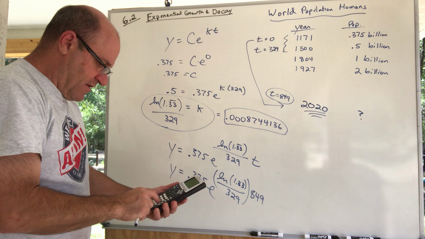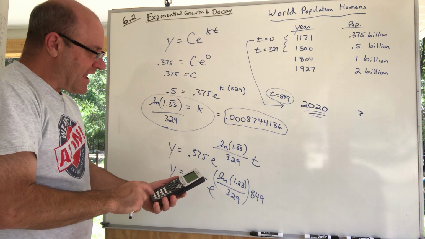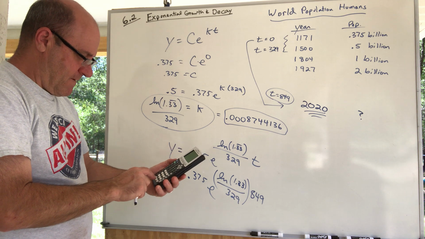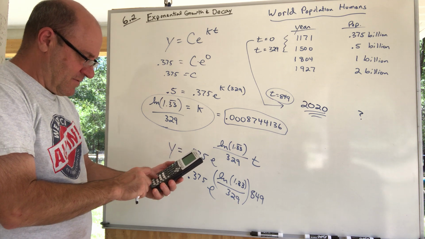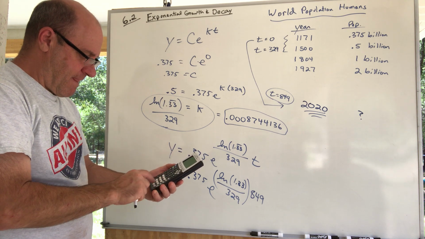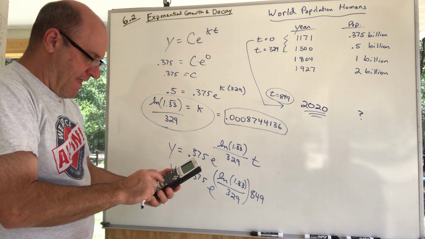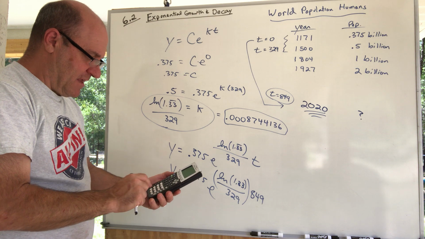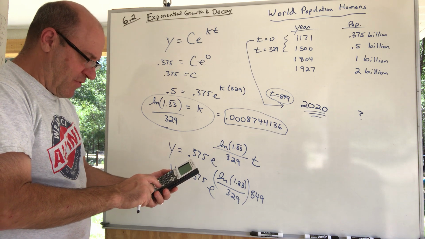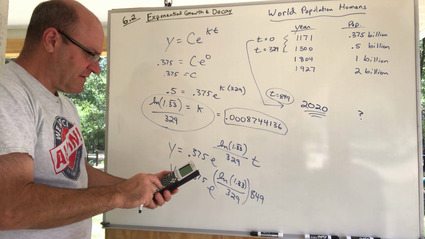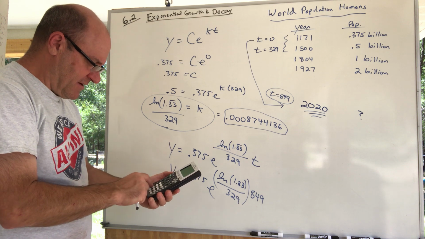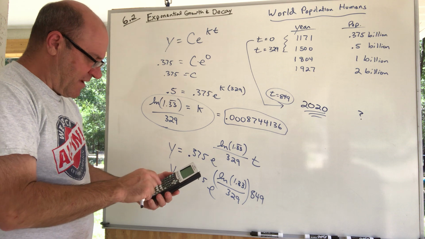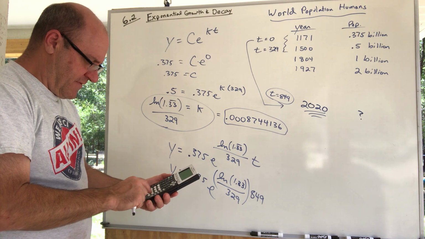So here we go. 849 times that k that I just had in there, which was the natural log of 1.333 over 329, equals that. Then I e that answer, and then I multiply by the 0.375.